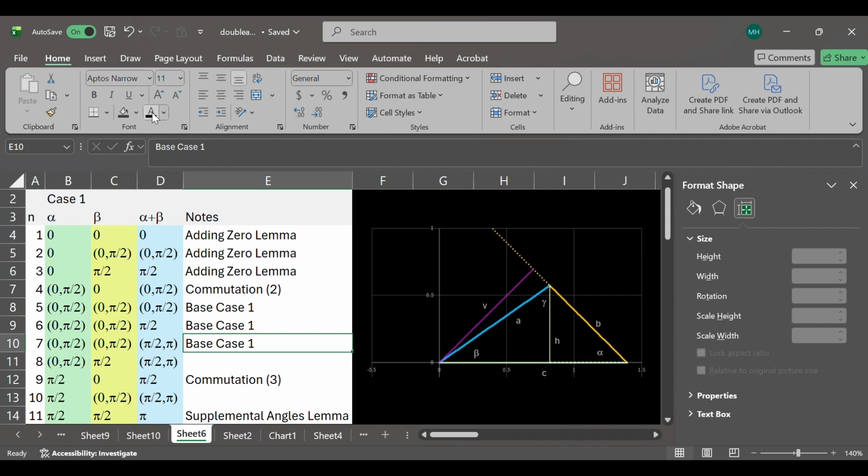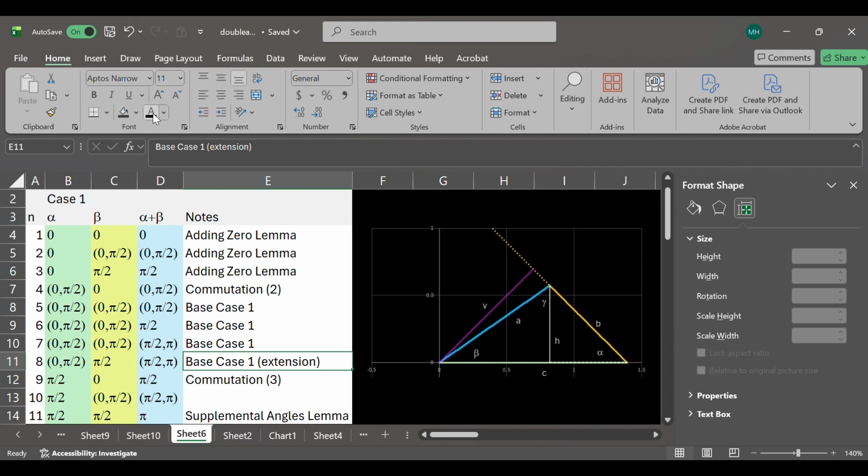Well, let's look at 8. What if beta were a right angle? How would that change things? You could see what the difference would be pretty easily. That one of the two pieces of C would actually be 0. There would only be one piece of C, the one that's right of H. But that doesn't make anything else about the theorem wrong.